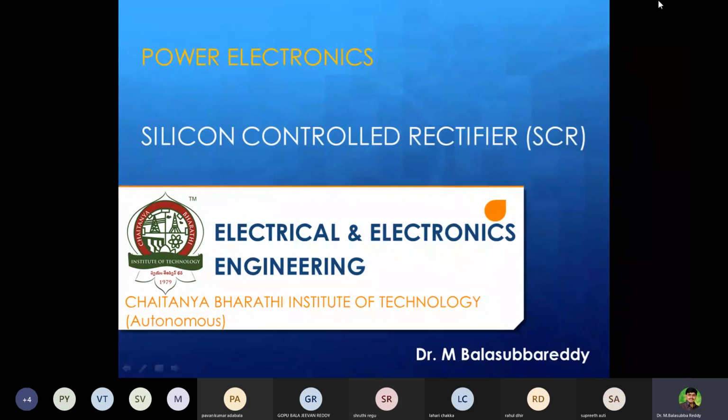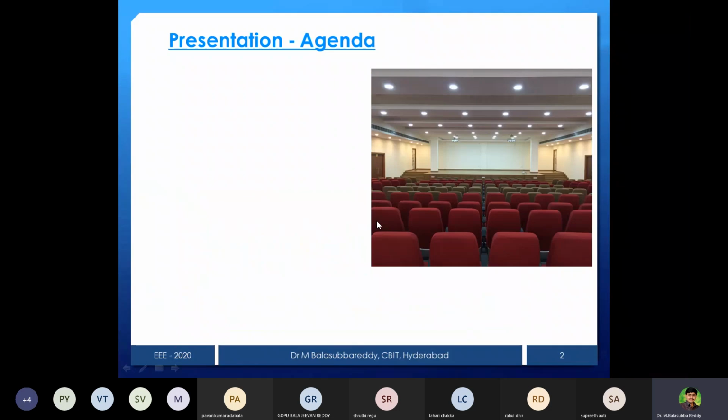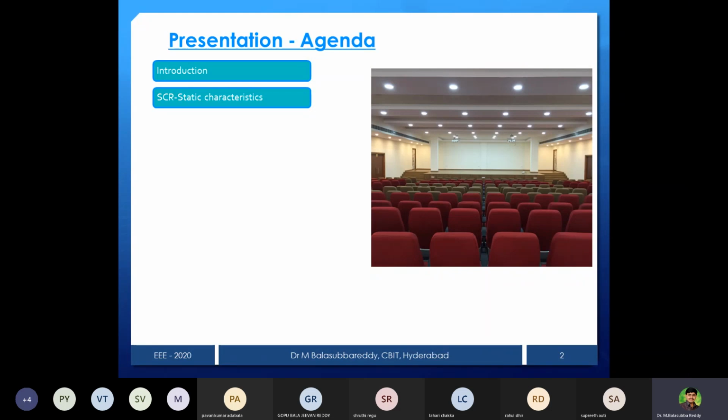Now, you can see this silicon controlled rectifiers unit. The presentation agenda: introduction, then static characteristics of SCR, then turn-on methods of SCR, because if a device is there to turn on, we need to use some methods.